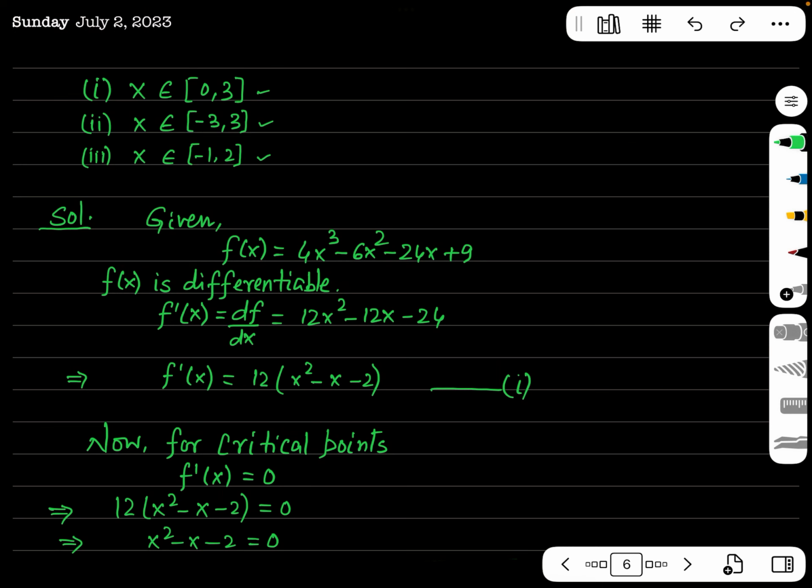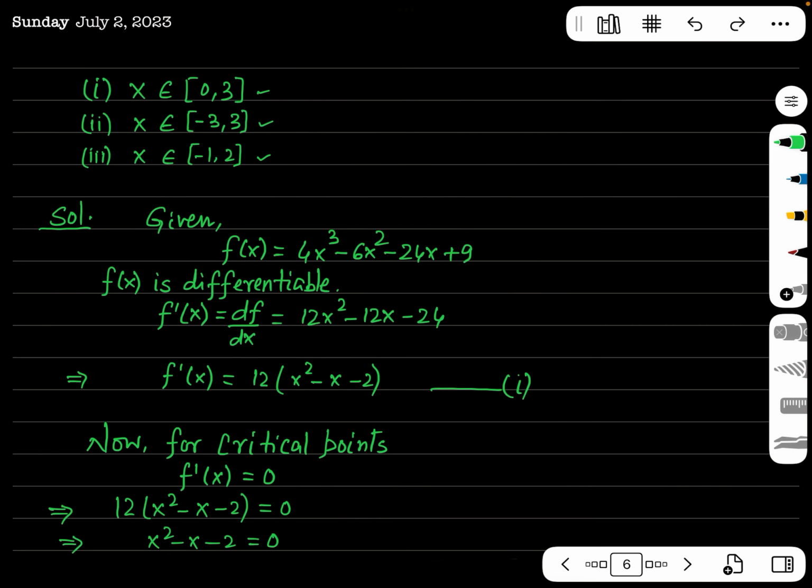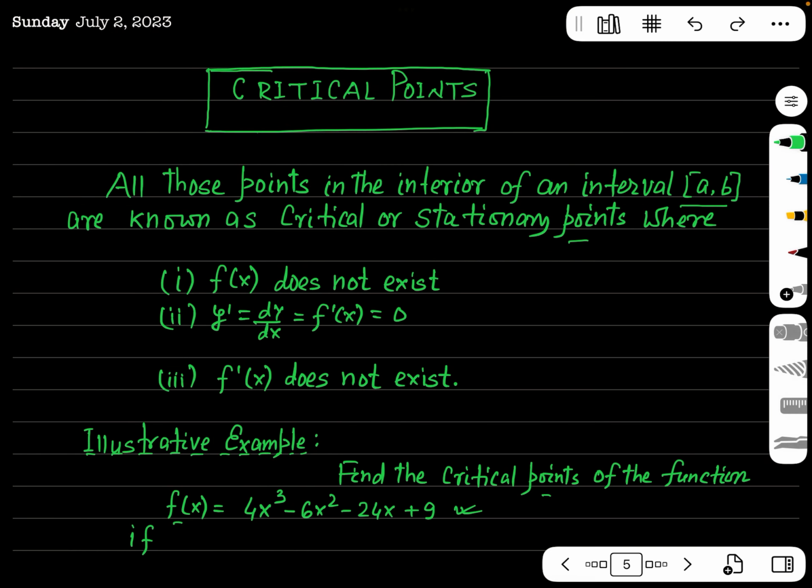Now you can see the given function. The given function is 4x cube minus 6x square minus 24x plus 9. And you can see that this given function is differentiable. So we will actually use the second condition which we have learnt here.